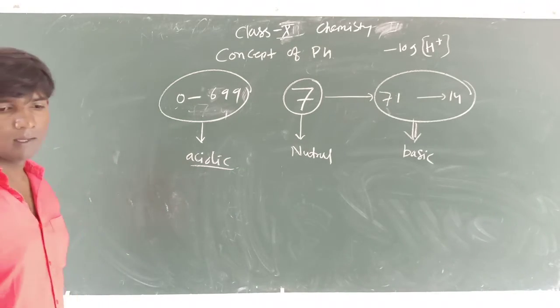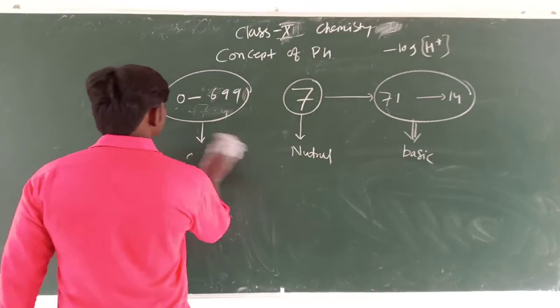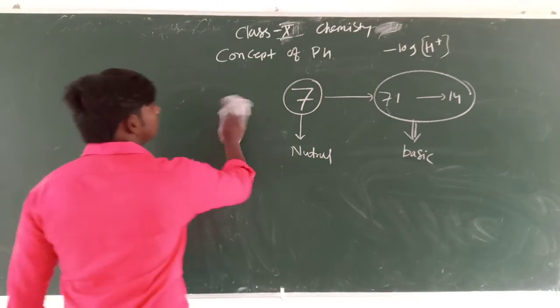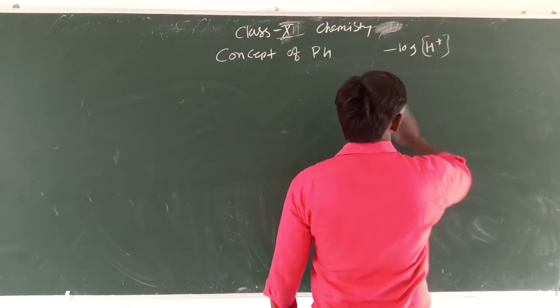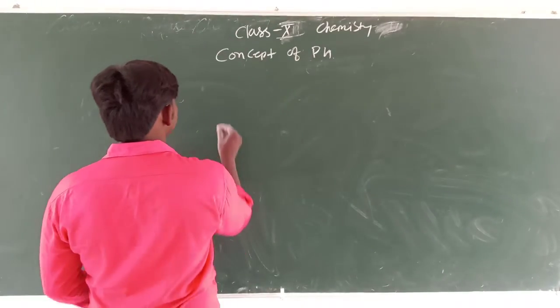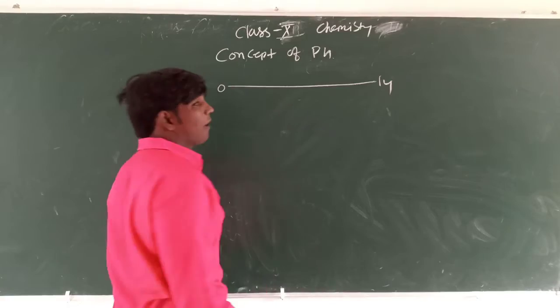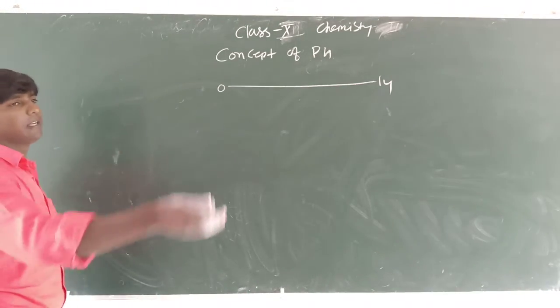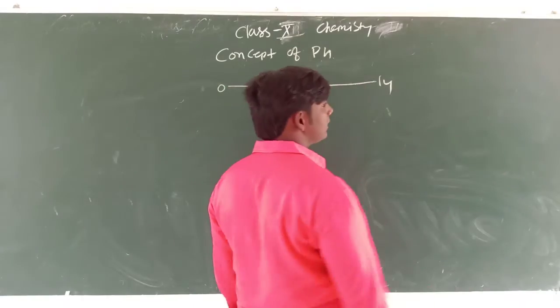Now how does the pH scale come? See, the pH scale is between 0 to 14. Why 14? Why not beyond 14, like 15, 16?